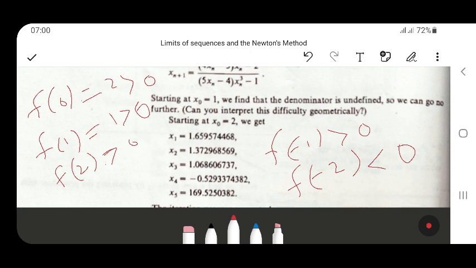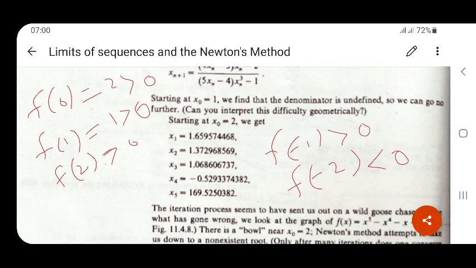So what I have identified is, if I choose a number between minus 2 and minus 1, by the intermediate value theorem, there is a root between minus 2 and minus 1. That is why I chose minus 2 as x naught. If you choose x naught equal to minus 1 also, that will not affect much. This is how we try to find a point x naught, or begin with an x naught, which is the first term of the sequence.